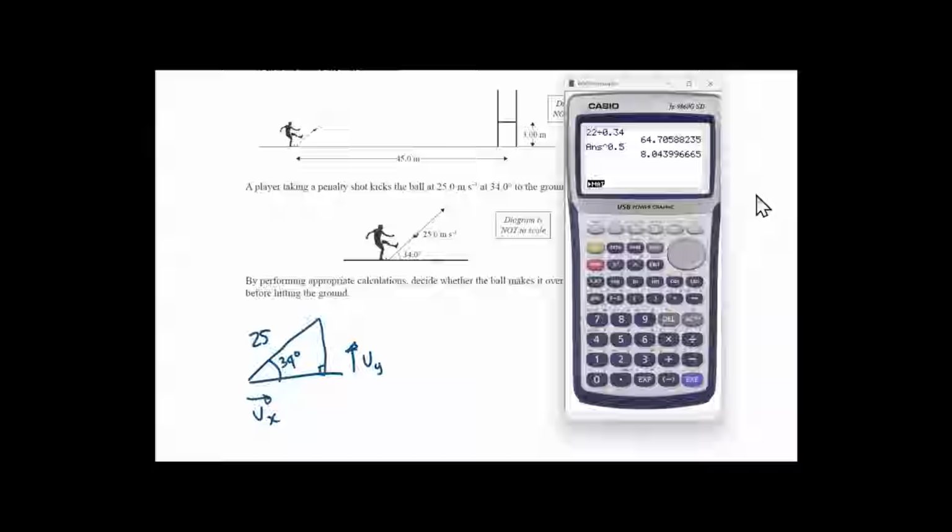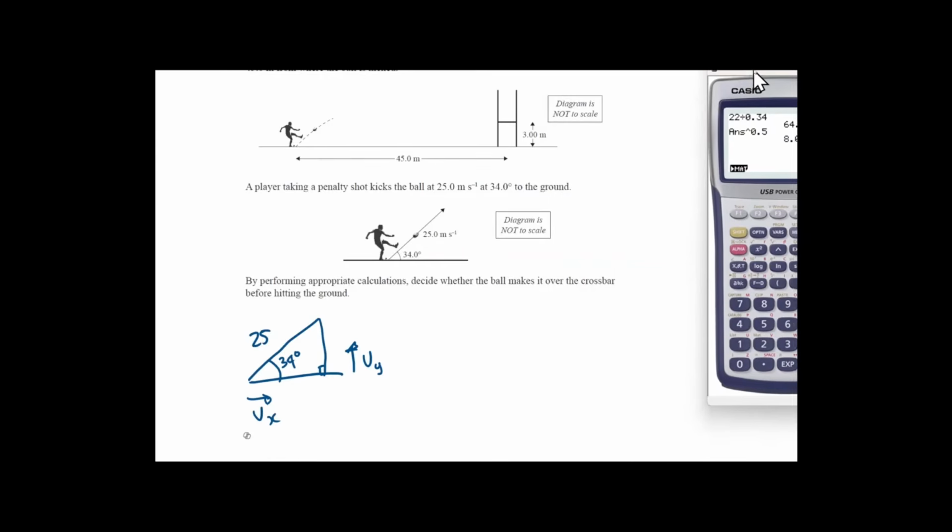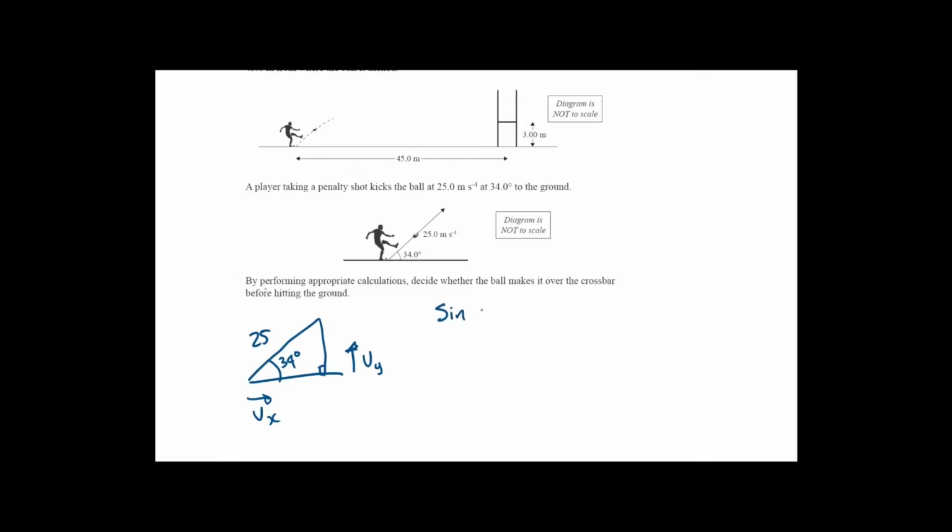So first thing we want to do is make sure that this is in degree mode. So this is in degrees. So let's do the initial vertical velocity first. So this is the opposite side, so we're going to use sine.